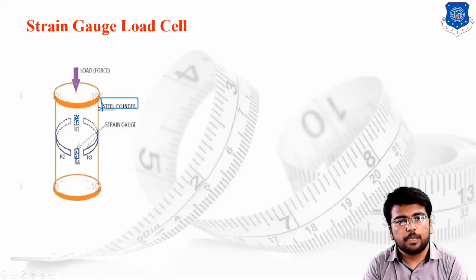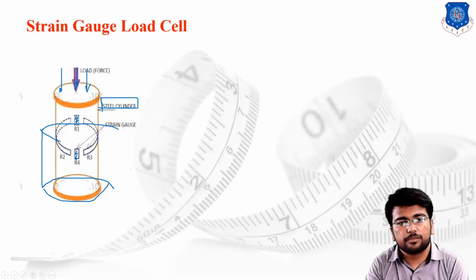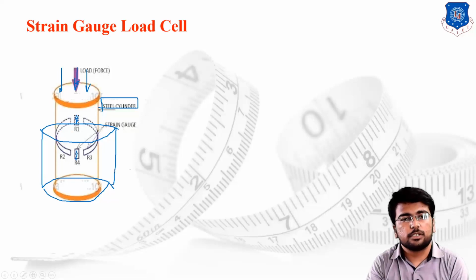Once the force is applied, suppose we are applying a compressive force, then the length of the particular cylinder will decrease, but at the cost of increasing the diameter. After the application of the force, the blue color shows the second position of the cylinder.